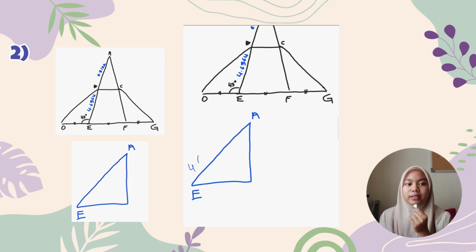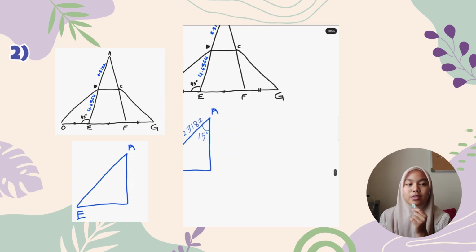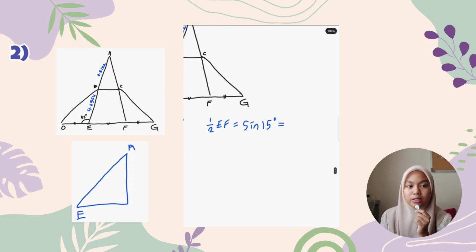Next, we have to find the length of AE, which is 4.6364 plus 2.3182. So the angle of A is still 15 degrees. So half of EF is equal to sine 15 degrees equal to O over 6.9546.